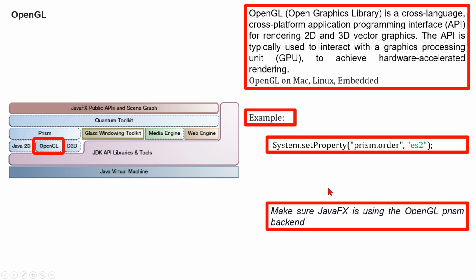As an example, we can consider this code segment to make sure JavaFX is using the OpenGL Prism backend. Here ES2 is used.